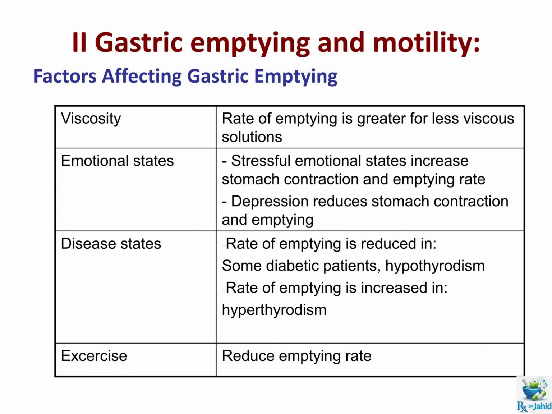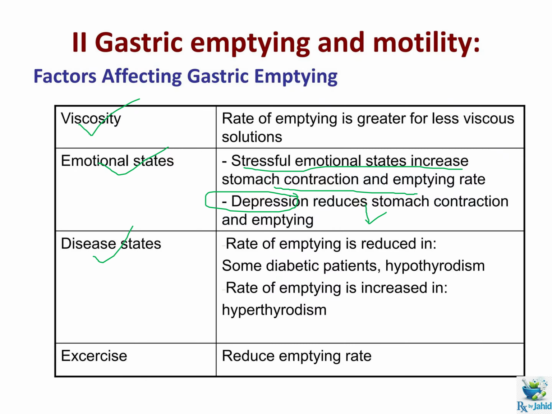There are other factors influencing the absorption, that is viscosity, then emotional state, because a stressful condition will increase the stomach contraction, but in case of depression, the neurotransmitter release would be decreased, and this will ultimately decrease the emptying. Then disease state.